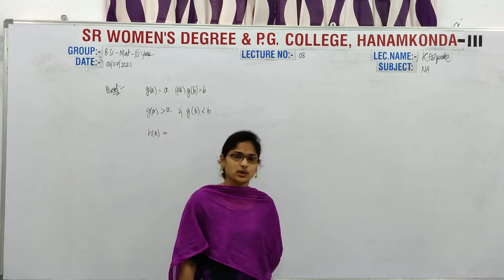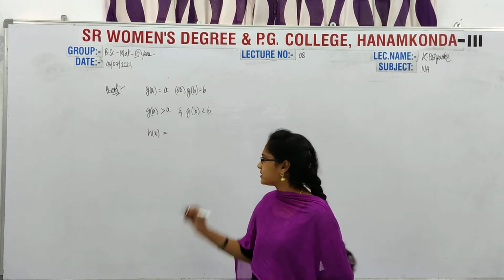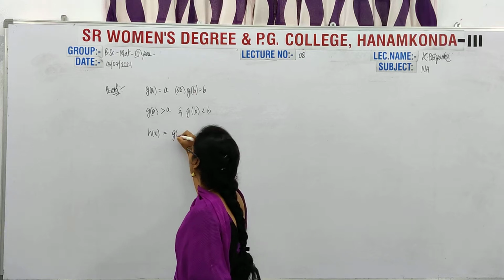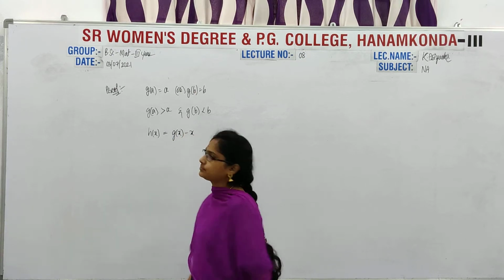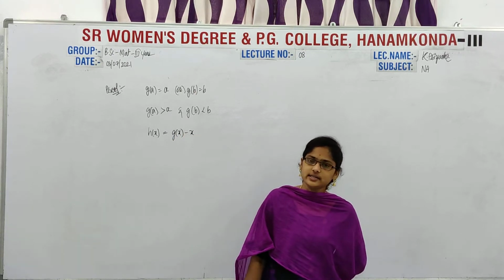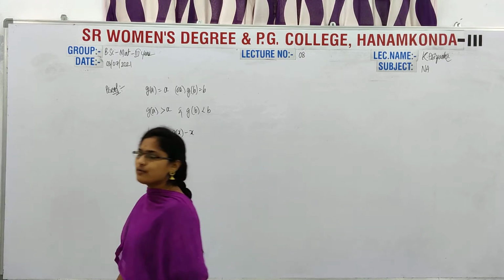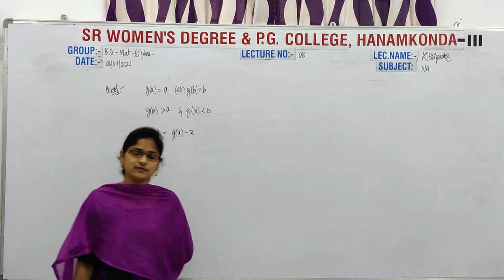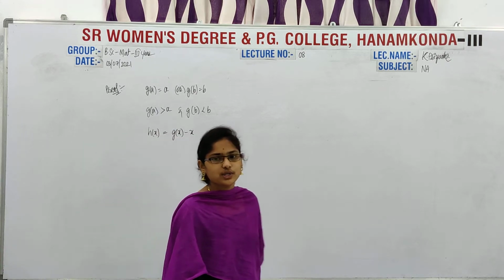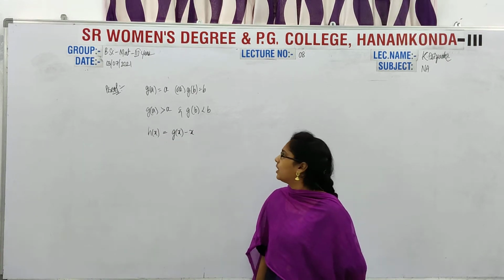Now consider a new function, h of x is equal to g of x minus x, which is a continuous function on the closed interval [a, b].